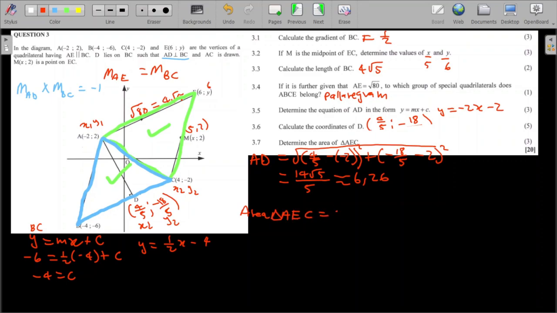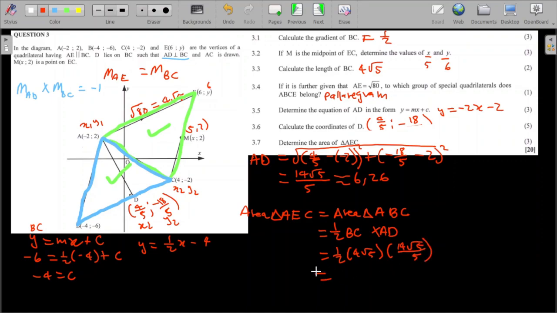Now calculating the area, we said the area of the triangle AEC is exactly the same as the area of the triangle ABC. So what is the area of triangle ABC? It's half BC times AD, which is our height. So half my BC, I know that it's 4 square root of 5, and AD is 14 square root of 5 all over 5.